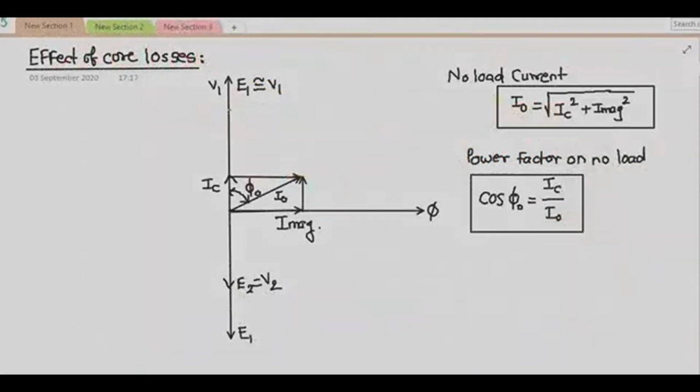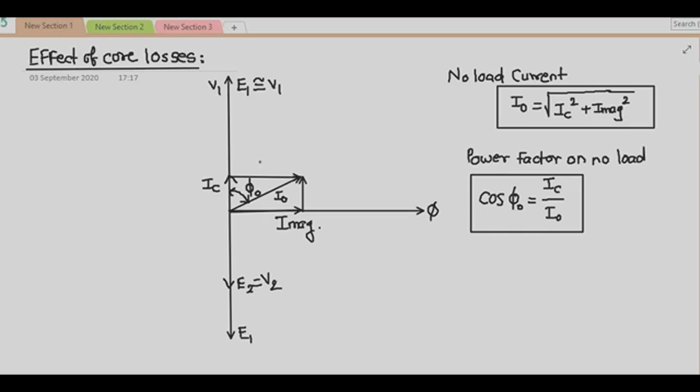See, the iron core of the transformer is subjected to the alternating flux. So the core losses, that is hysteresis loss and eddy current loss, are always present in the transformer, even though the core is laminated to reduce the eddy current loss and made of high grade silicon steel to minimize the hysteresis loss.